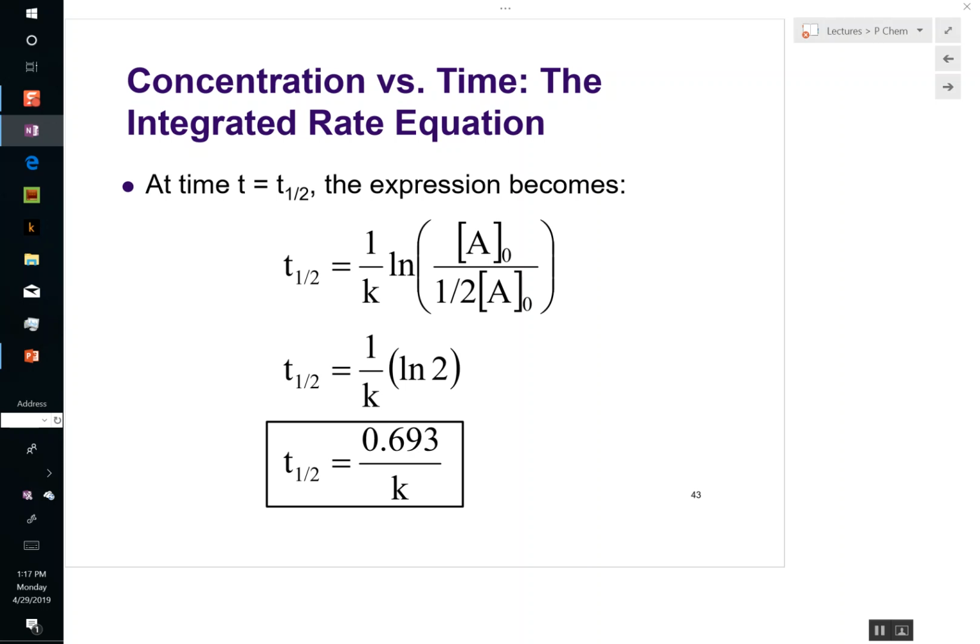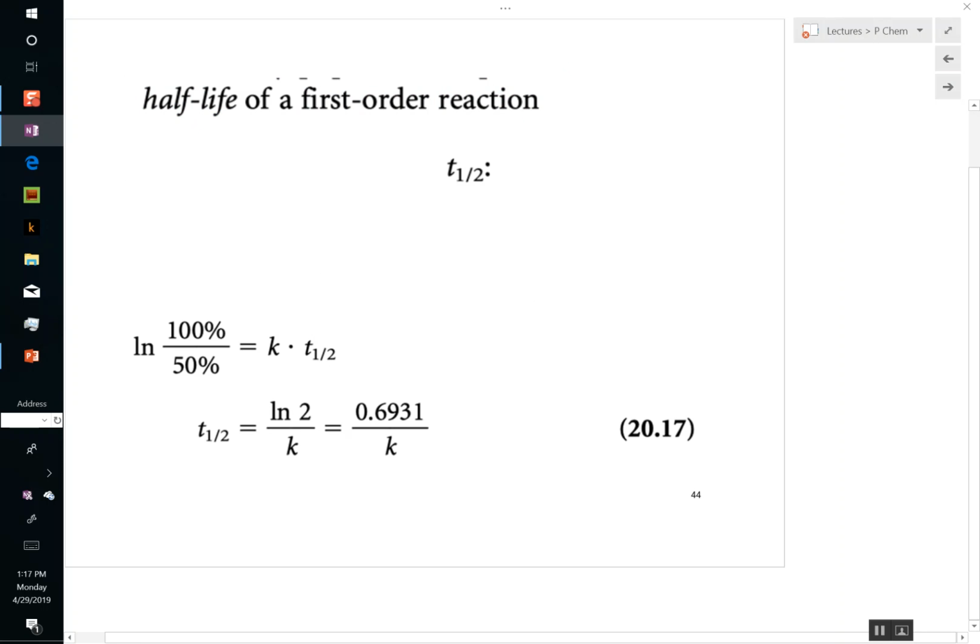Nuclear decay is a first order reaction, and for other first order reactions, you can get the half-life once you know the rate constant for the reaction. Because really what you've got here is, originally you got 100% of whatever.